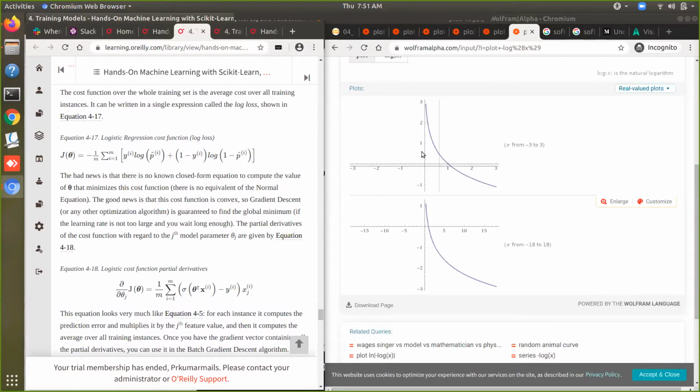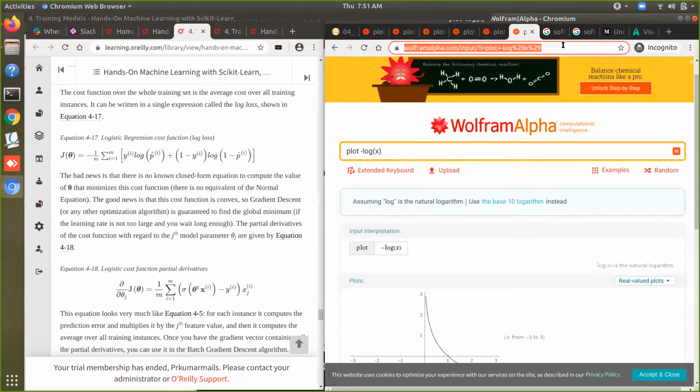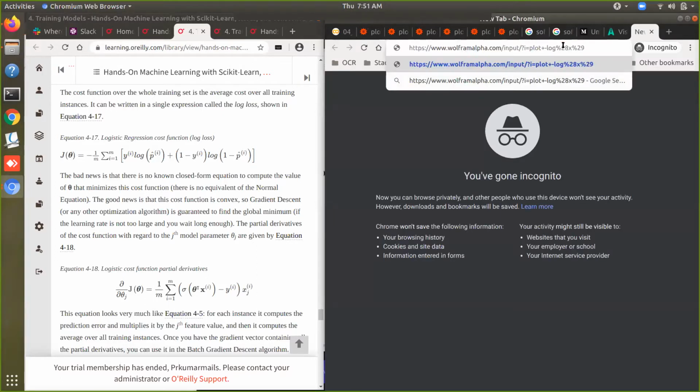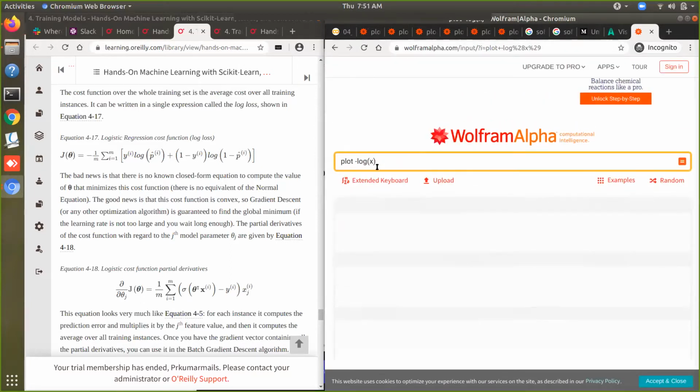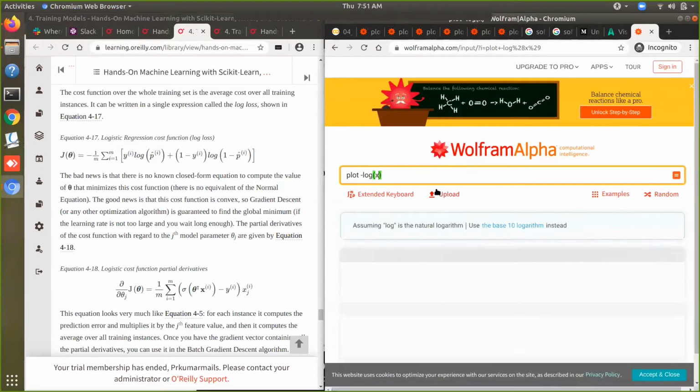Visually we can see there are no suboptimal minima. Then we can make a plot here also.